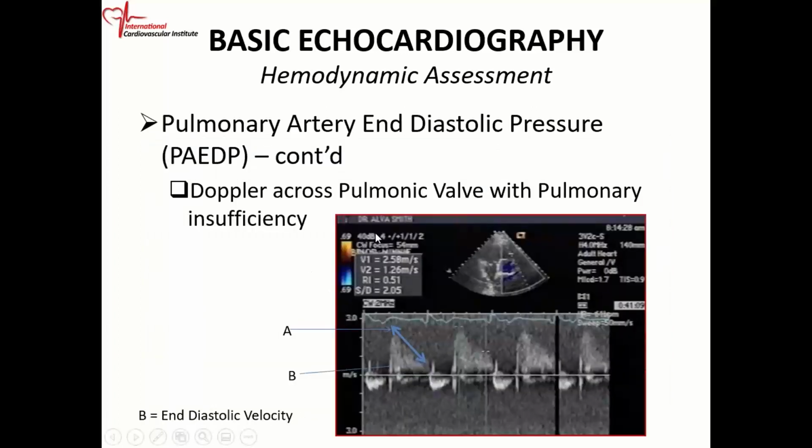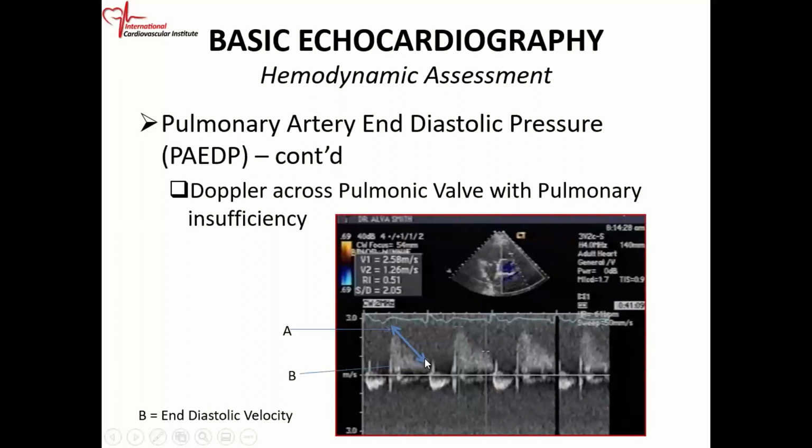What we want to calculate is the pulmonary diastolic pressure, the pulmonary artery end diastolic pressure. So we have to use the late velocity, not the early velocity, the late velocity. So you're going to have two velocities. See, the early velocity is 2.58 there, and the late velocity is 1.26.